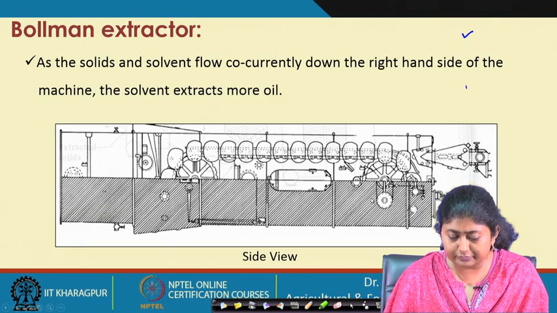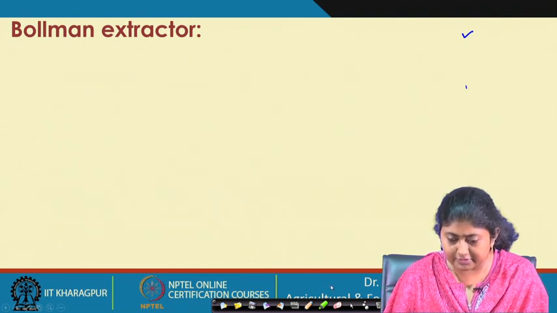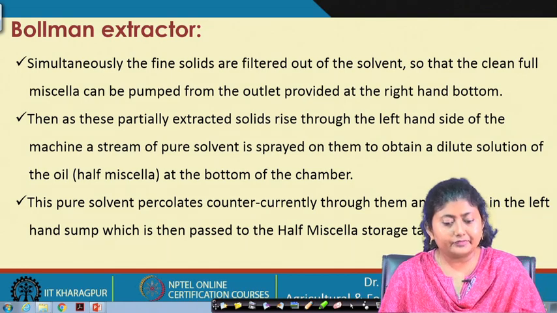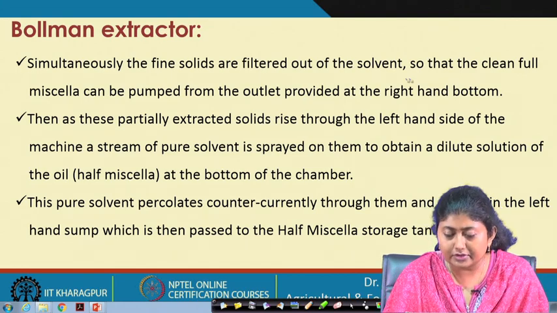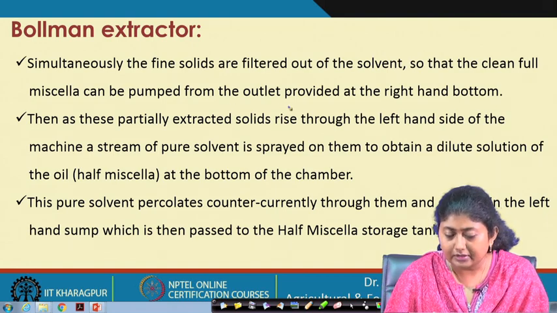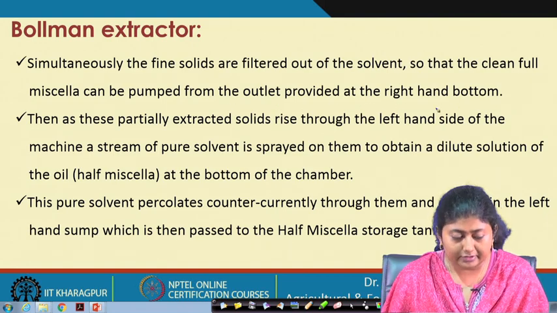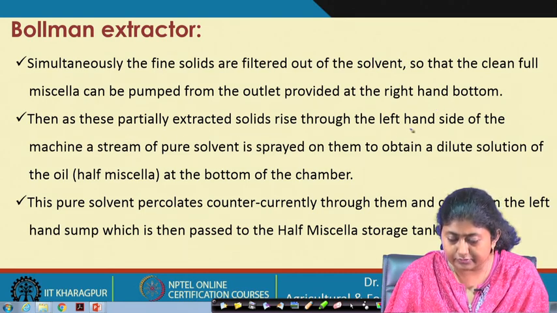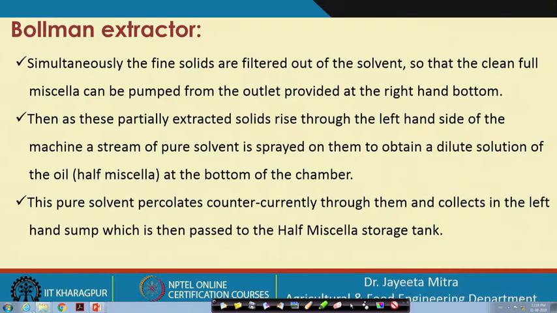This is the side view of the Ballman extractor. The mechanism is the same as we have explained, and simultaneously the fine solids are filtered out of the solvent, so that the clean full micella can be pumped from the outlet provided at the right hand bottom, and then the partially extracted solid rises through the left hand side, as we have seen in the figure.